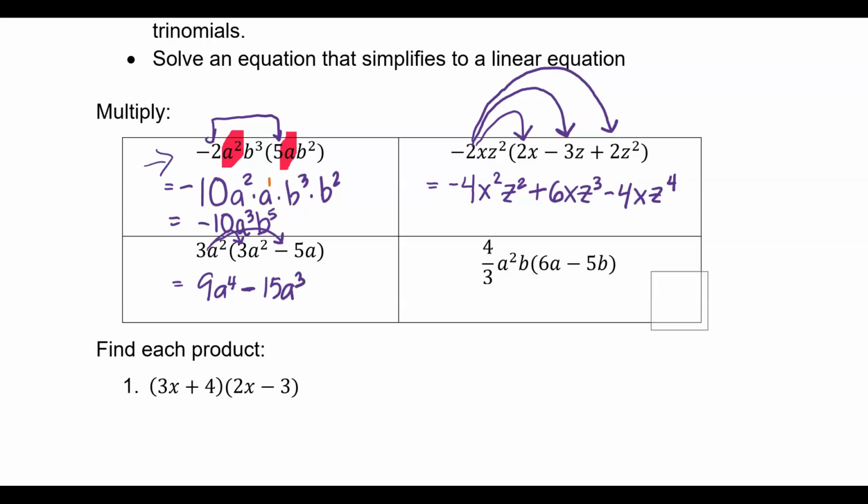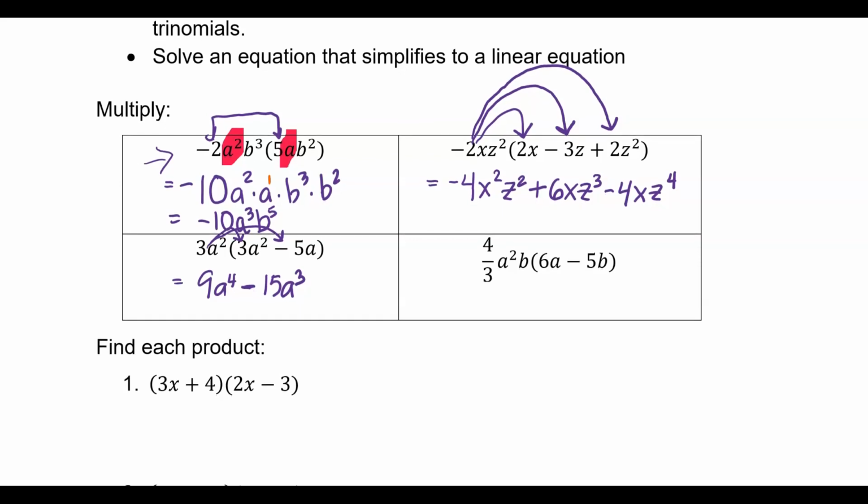Now for our interesting one, there's a fraction involved in this one, so that makes it a little bit more interesting and a little bit more fun. So 4/3 a squared b times 6a. The main thing is understanding how to multiply fractions.